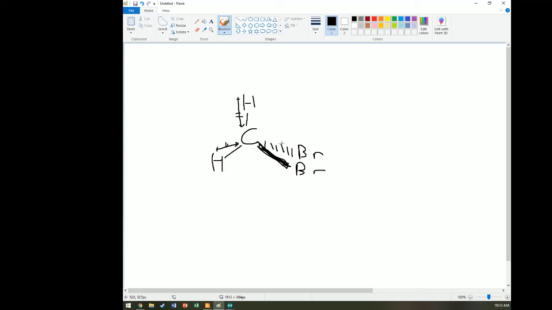And then because bromine is more electronegative than carbon, it's going to go like that, and then like that. Now, what do we get if we pull these vectors together? So we get that, that, and that. And then what is the net vector sum of those vectors?